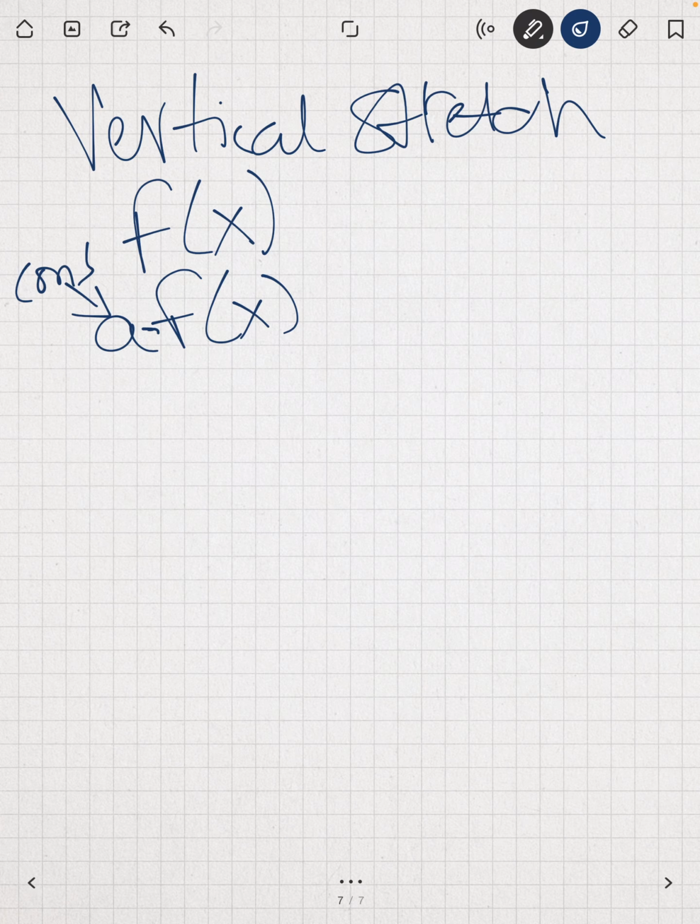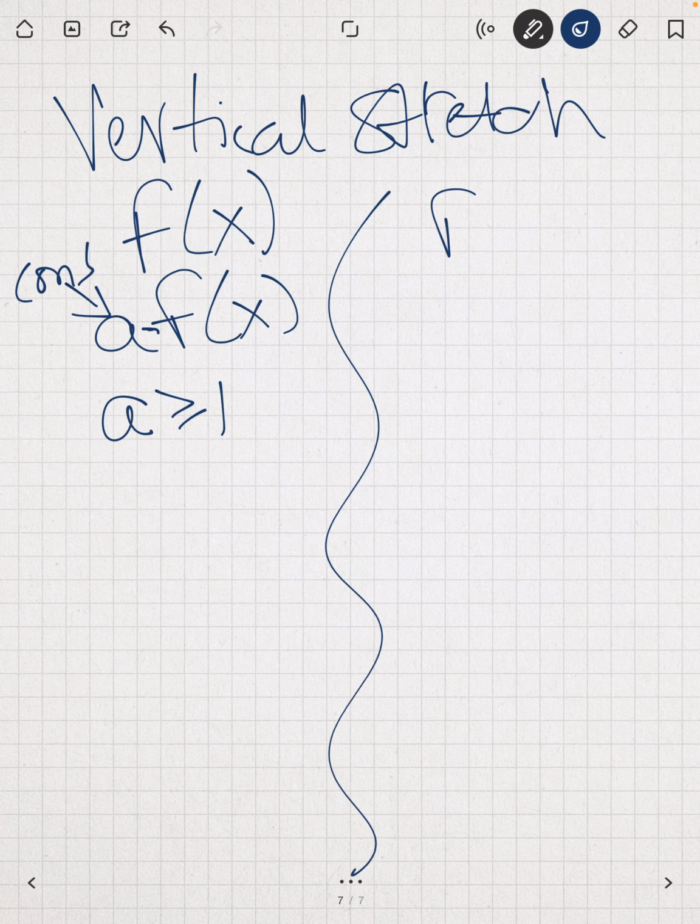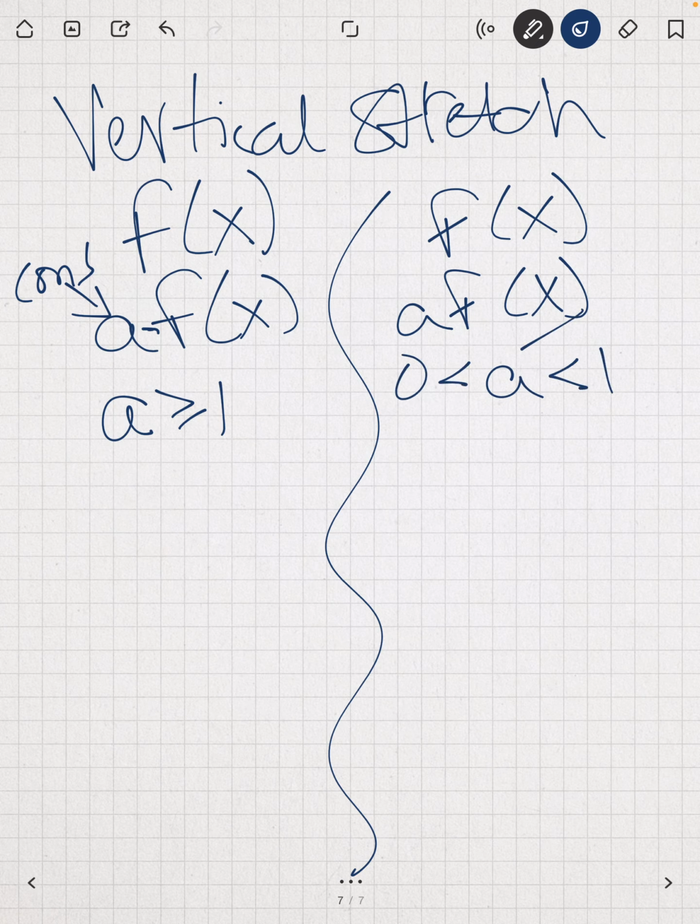But now it's going to matter if our a is bigger than or equal to 1, or if, when we have our f of x and a f of x, a is between 0 and 1. So here, a is a fraction, right? So it's less than 1. It's some partial amount. And so we'll look at both of those examples in turn. So here consider f of x equals the square root of x.